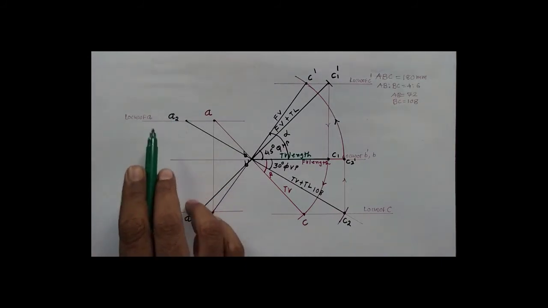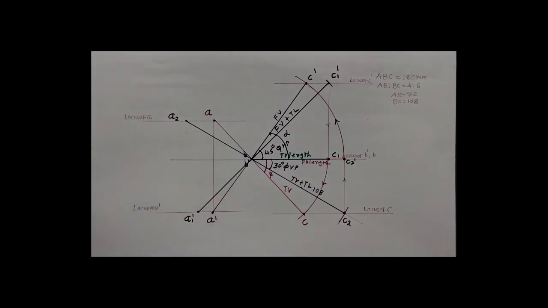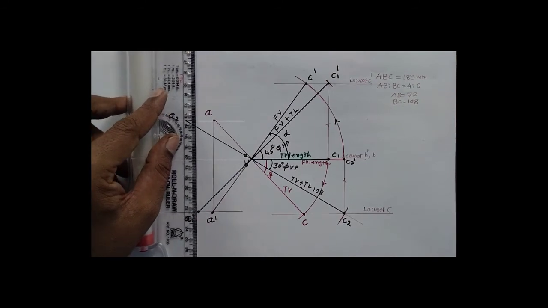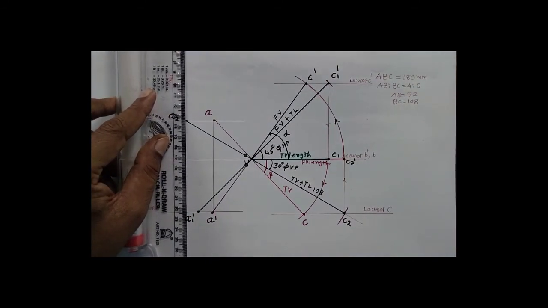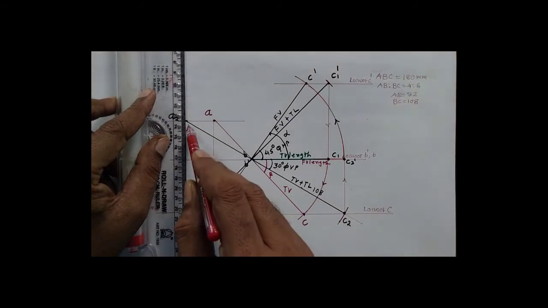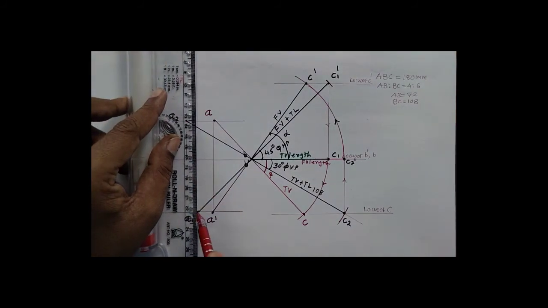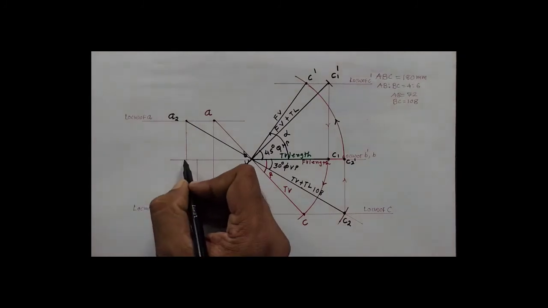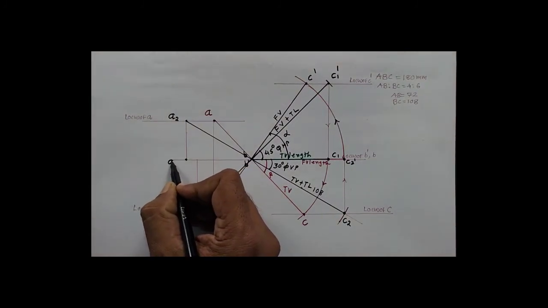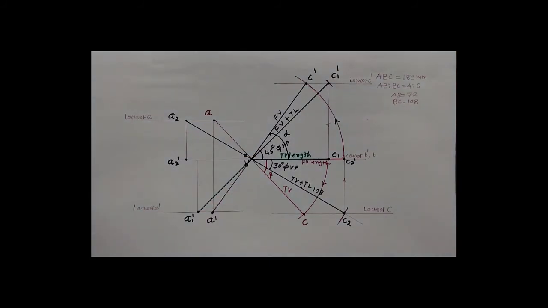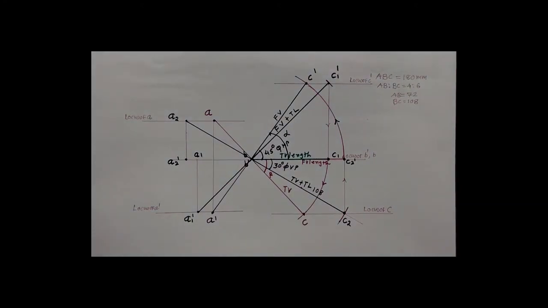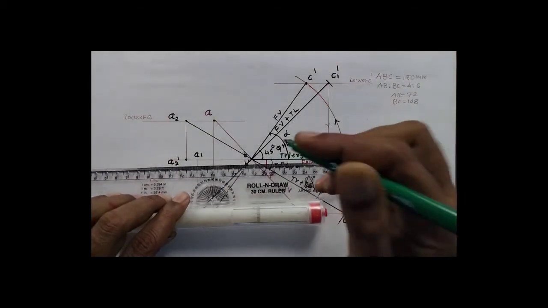Where is its elevation point? It is on the same locus of B, because we are working with the AB line. So we do the vertical projection from A1, A2 and A1 dash. This is your A2 dash, the elevation of the A2 point. Here we have the plan point A1. Now join your B dash A2 dash.